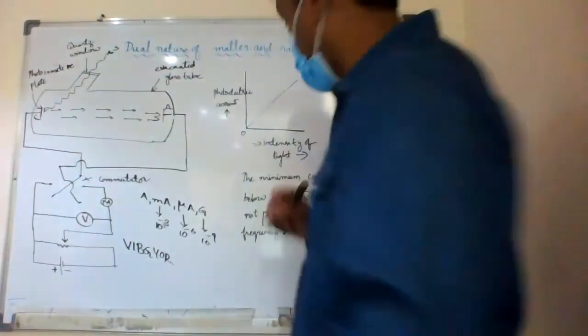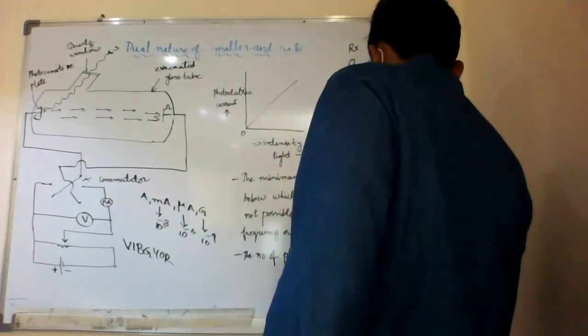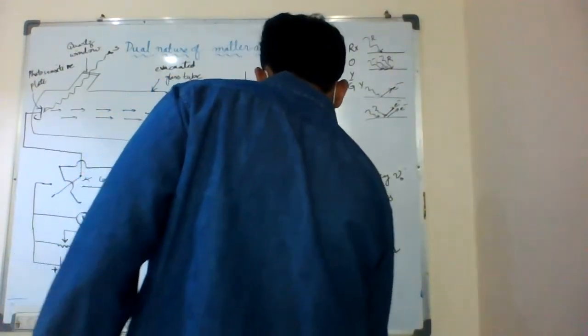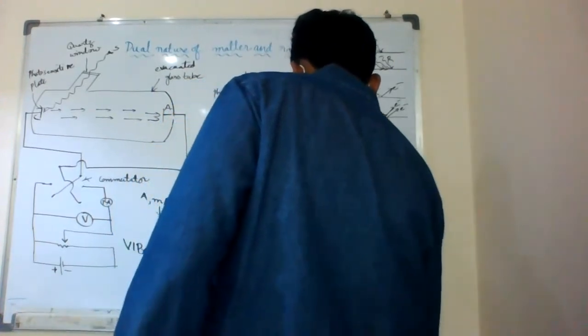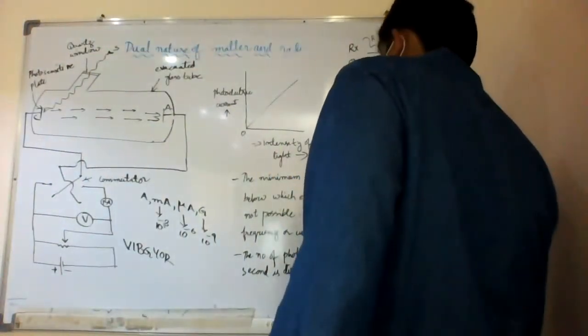He says that the number of photoelectrons emitted per second is directly proportional to the intensity of incident radiation.